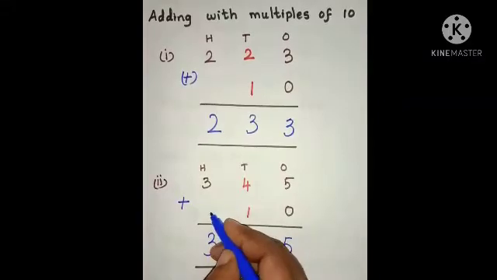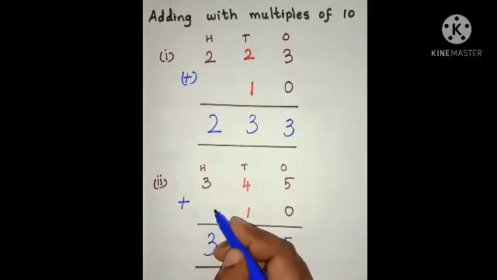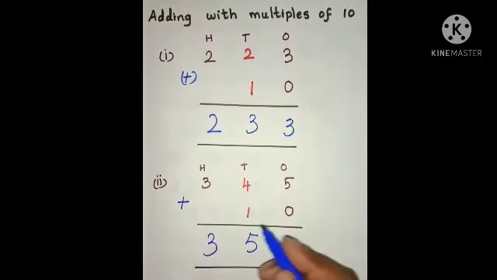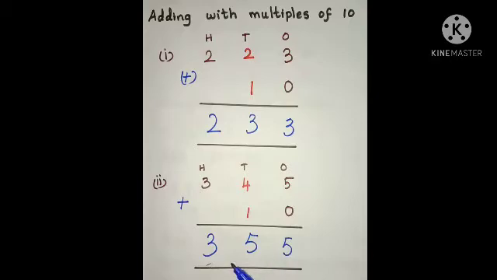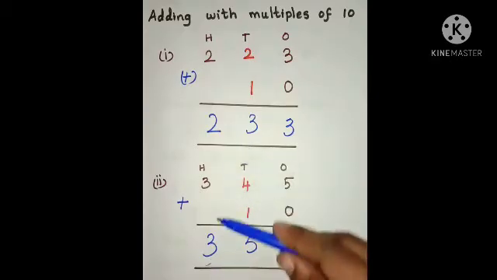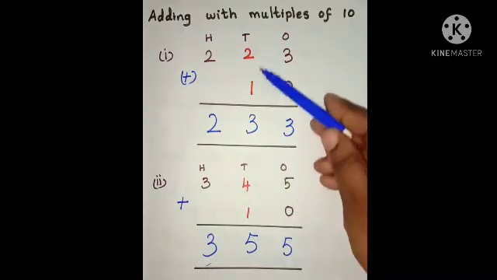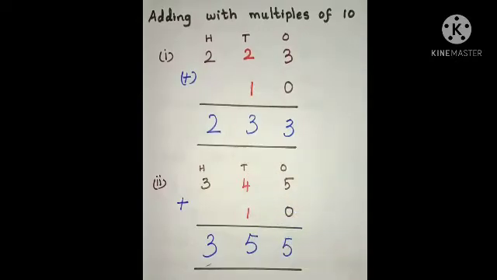There is no digit in the next number. So we get 353. Here the ones place didn't change when added to 0 and the hundreds place also didn't change. Only the tens place got changed.